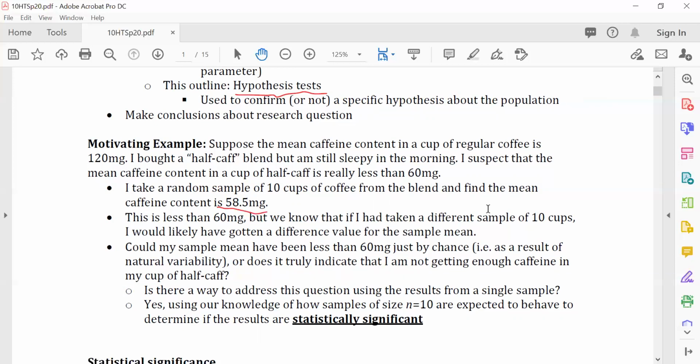And we would use that knowledge about the behavior of sample means with sample size equal to 10 to determine whether this result of 58.5 milligrams as our sample mean is happening by chance, or whether it is indicating that something is not right here.